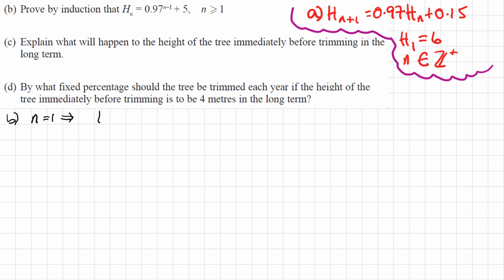So that should give us that H1 is equal to 0.97^(n-1) + 5. And n is going to be 1, so the power 1 minus 1, which is the power 0, plus 5. So that gives us H1 is equal to, when anything to the power 0 is 1, 1 plus 5, which gives us H1 is equal to 6.